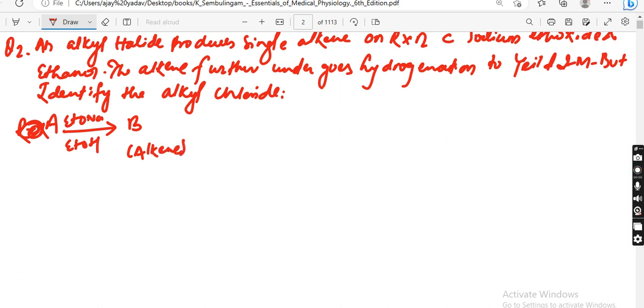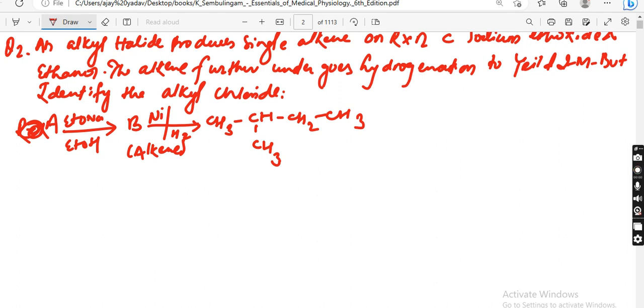This is a dehydrohalogenation reaction, which on hydrogenation produces, let us say, 2-methyl butane, that is CH3, and this is CH2CH3.